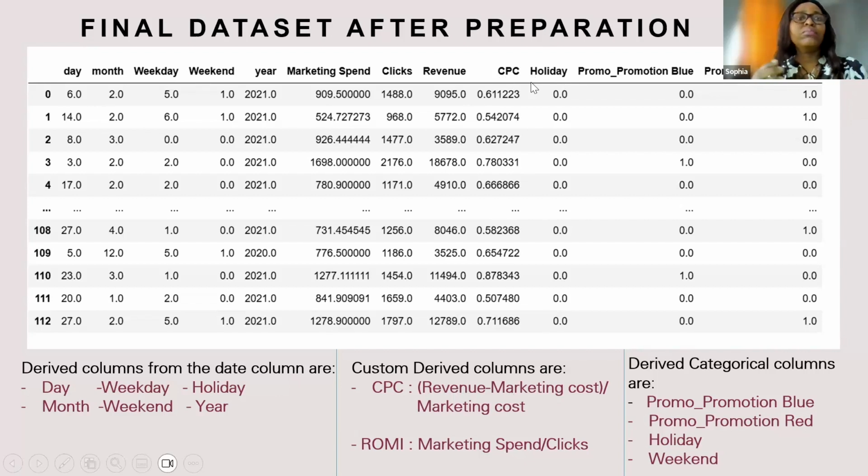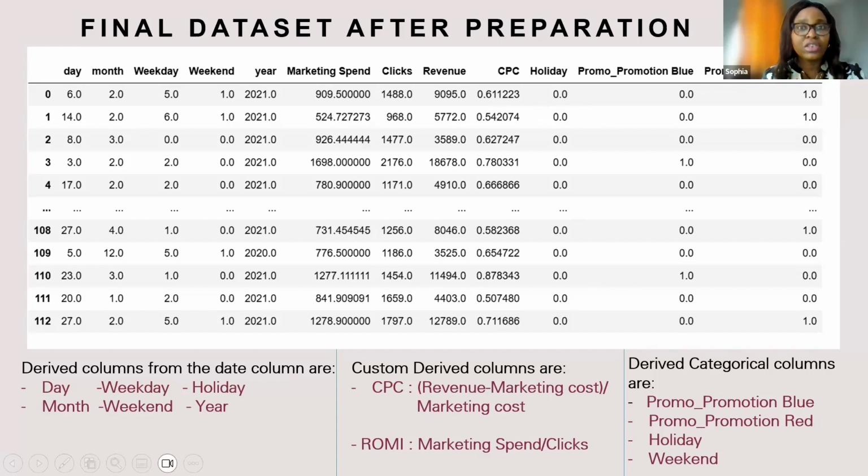And then from this same date, I was also able to get holiday. Depending on the country you're designing this project for, I used a UK-based company, so I was able to extract the holidays out of the date.